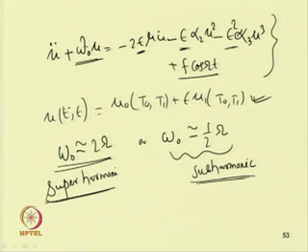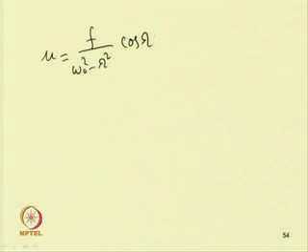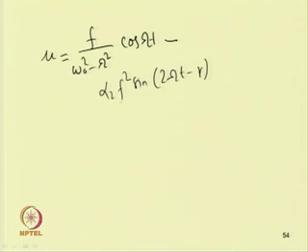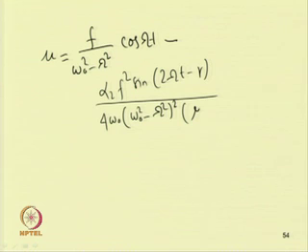So, in case of the superharmonic resonance condition, if one proceeds, one can see the response can be obtained in this way. So, u will be equal to f by omega 0 square minus omega square cos omega t minus alpha 2 f square sin 2 omega t minus gamma by 4 omega 0 into omega 0 square minus omega square whole square into mu square plus sigma square to the power half.